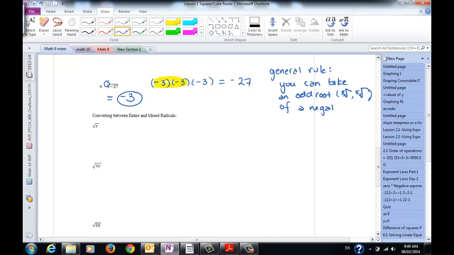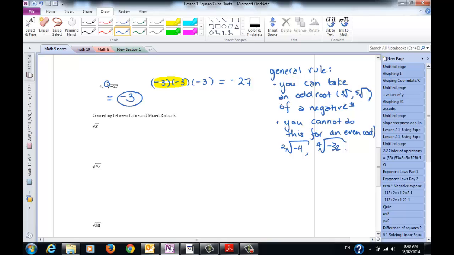You cannot do this for an even root. So I cannot take the square root of -4. I cannot take the fourth root of -32. I cannot take an even root of a negative number because a negative multiplied by itself an even number of times would always be positive.